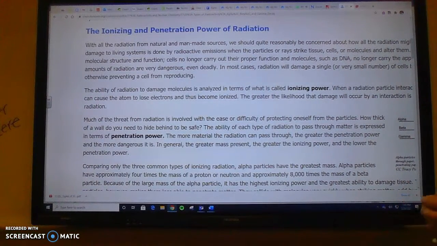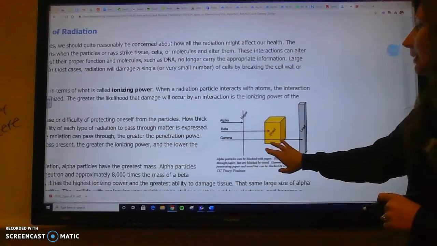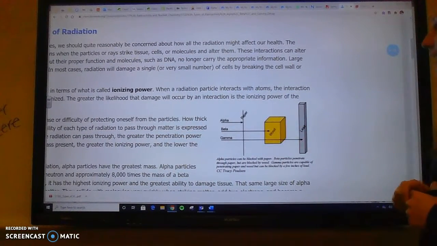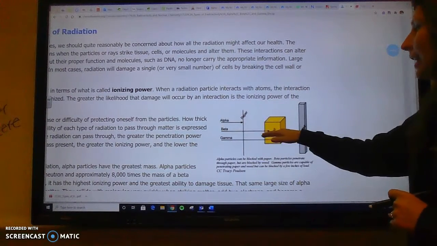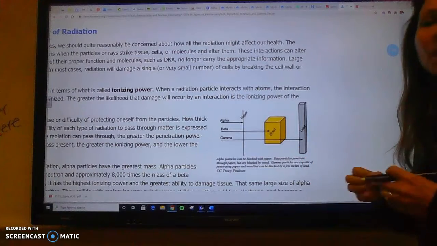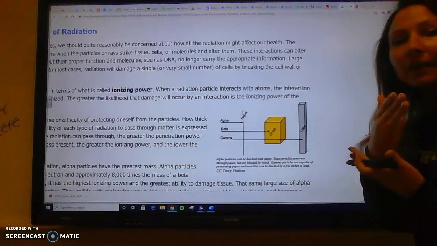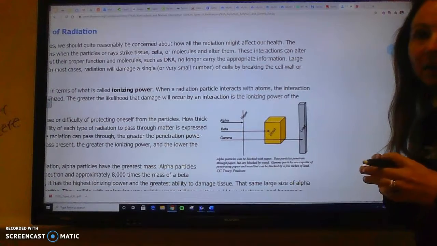And we're going to talk about some properties in a second when we look at some reactions. But it says over here, as far as alpha radiation goes, it's the weakest. You can stop it with paper. Beta radiation is kind of in the middle. You can stop it with wood, or you can stop it with like a thin piece of metal, but you don't need anything really big and heavy duty.